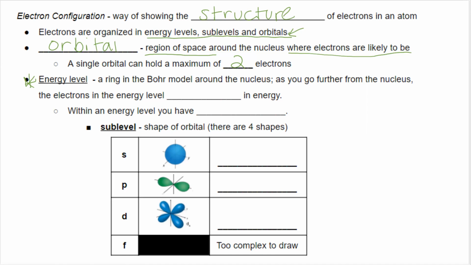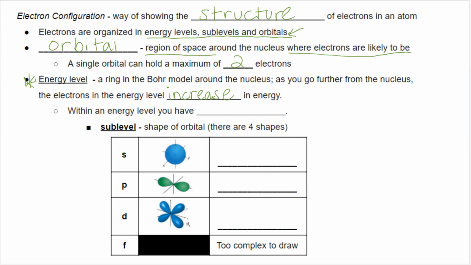And as you go further and further out from the nucleus, the electrons in that energy level gain energy. So the electrons in the energy level increase in energy.